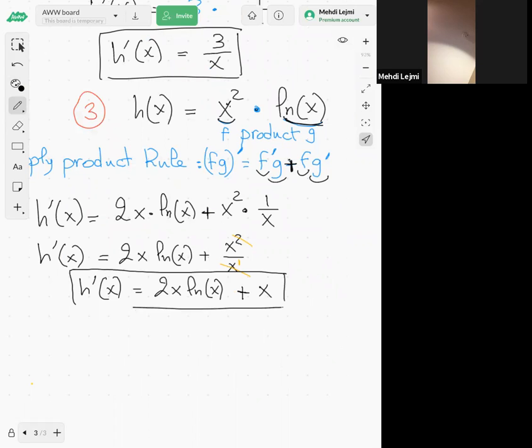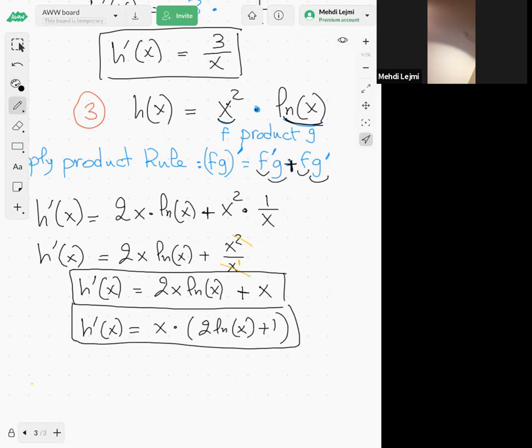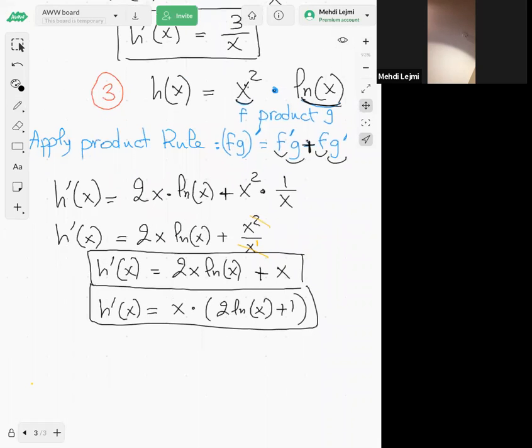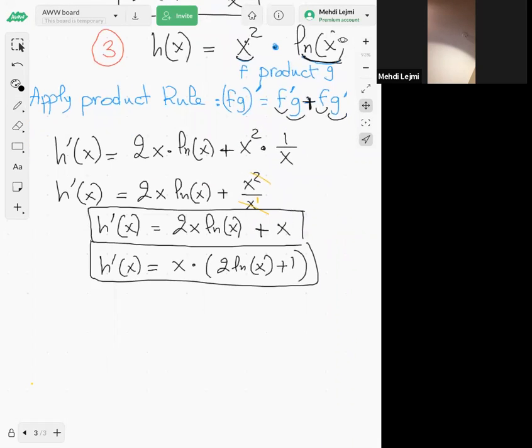So in other words, h prime of x is x times 2 ln of x plus 1. If you don't want to factor out x, it's fine. So that's an example where we have to apply the product rule with the natural log of x. If there's no question, I can move to the next example.